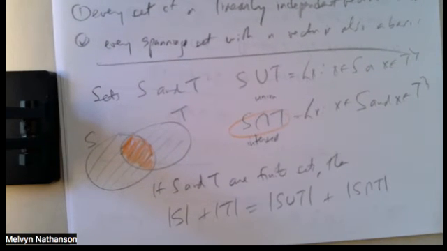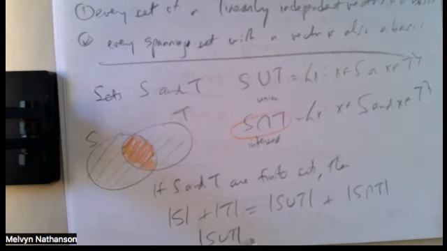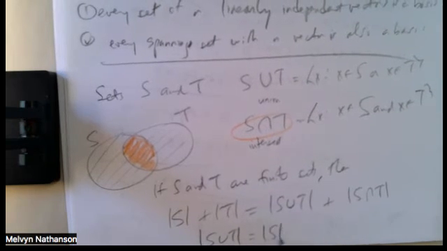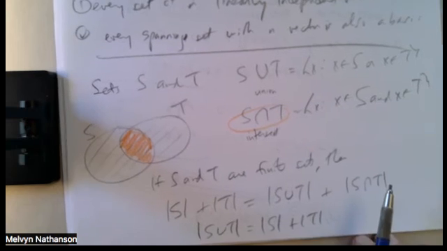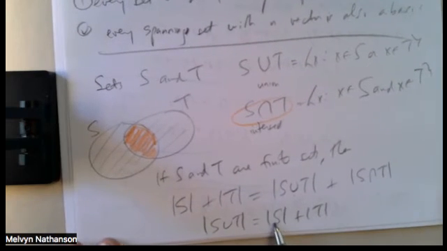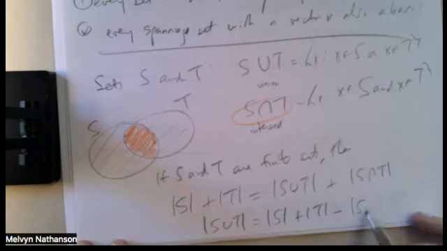Right? Or an equivalent way of writing that is the number of elements in the union is the number of elements in S plus the number of elements in T, but then you've doubled the number of elements in both, so you subtract the number in the intersection.